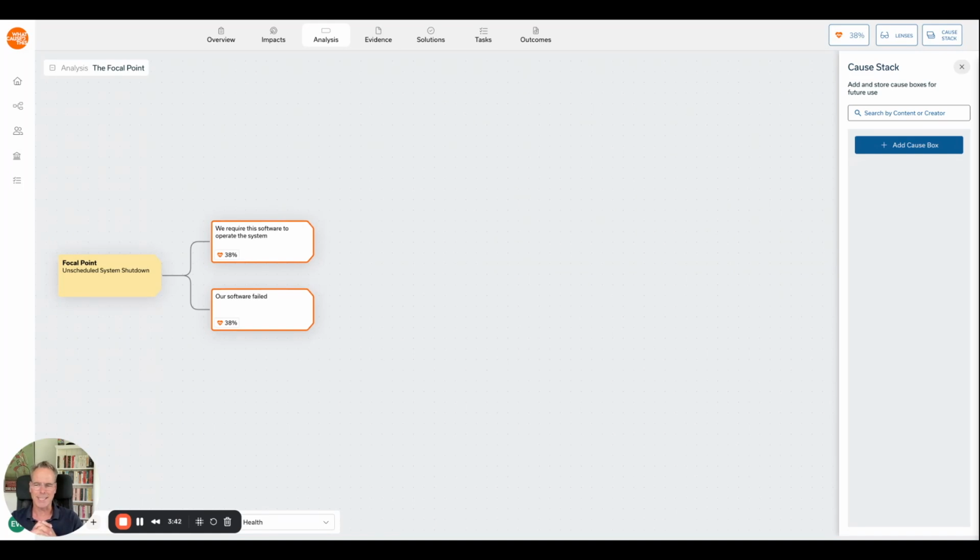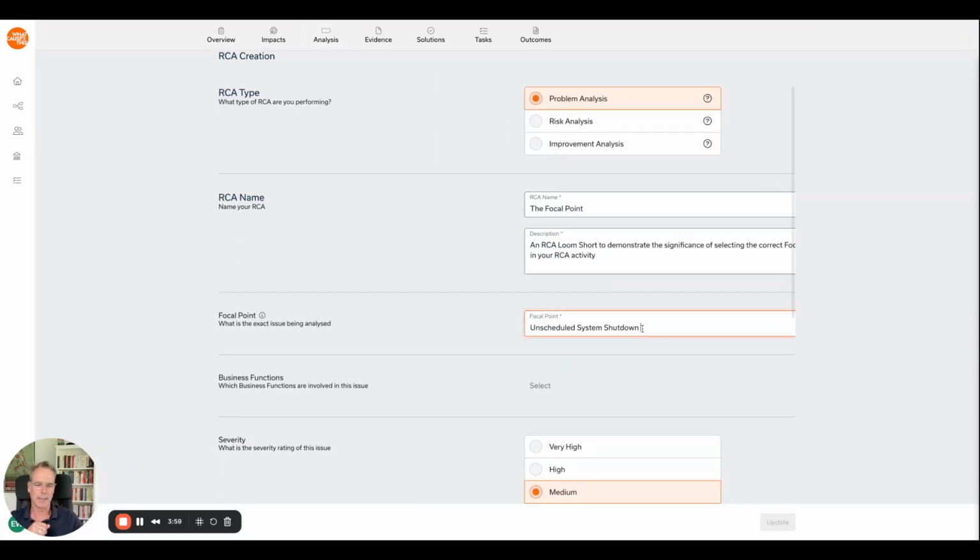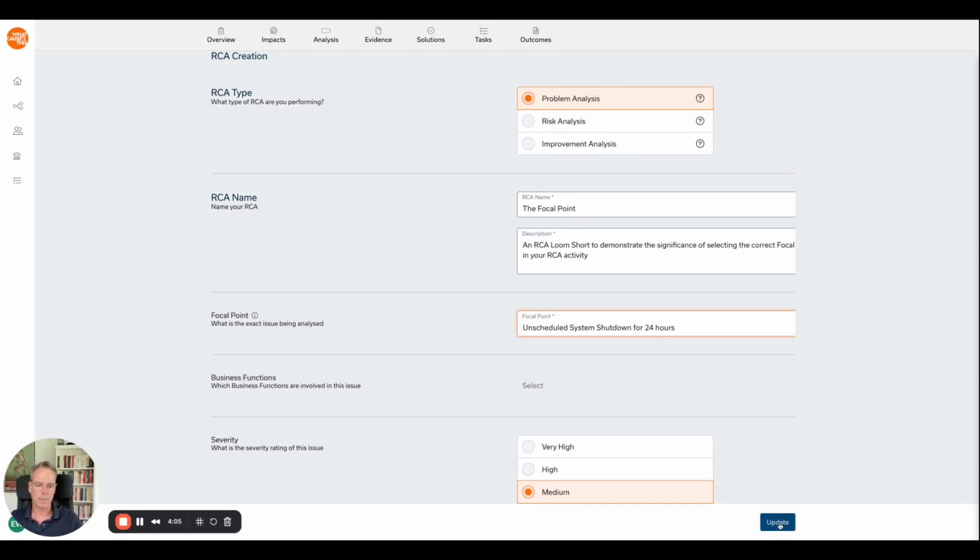An unscheduled system shutdown of a moment or two would not be as significant as a longer shutdown. So actually in this particular RCA, the system shut down for a full 24 hours. So I'm going to go into that focal point, update it, and add for 24 hours.